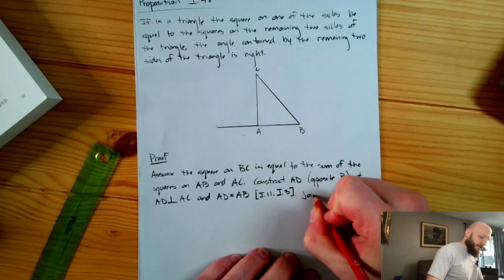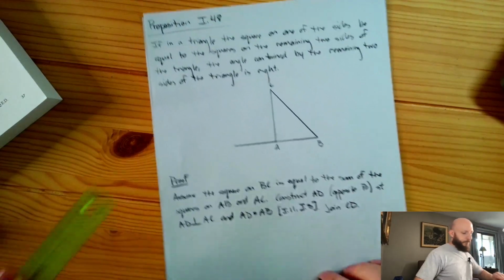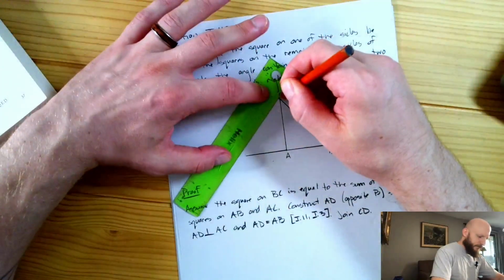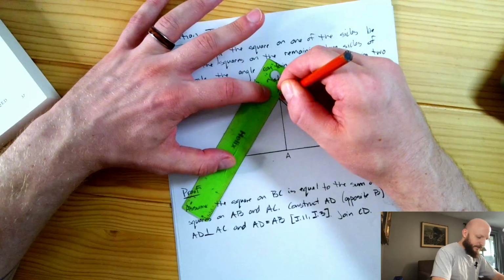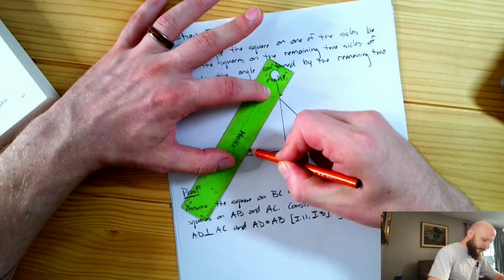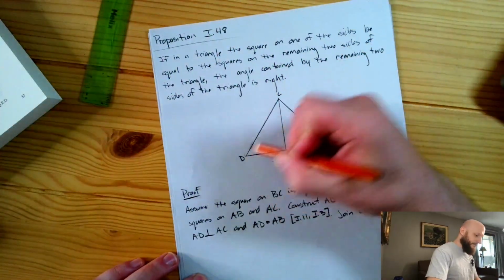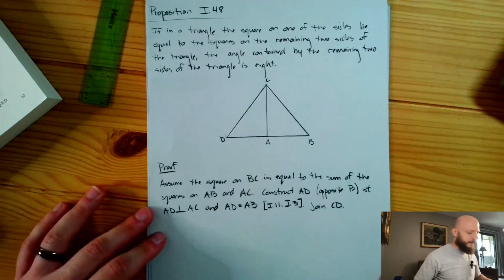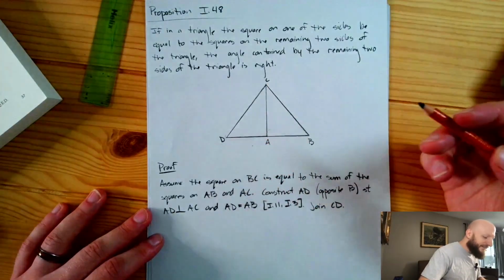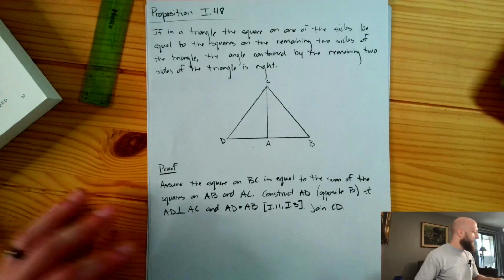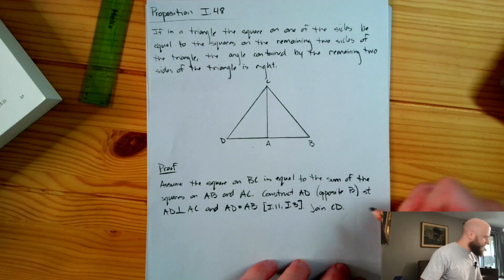And there's also going to be join AC, CD. I actually wish I would have made that dotted. Oh well, it's too late now. It would have looked better if it was dotted, I think. Those are supposed to be the same triangle. They're close enough. All right, join CD.